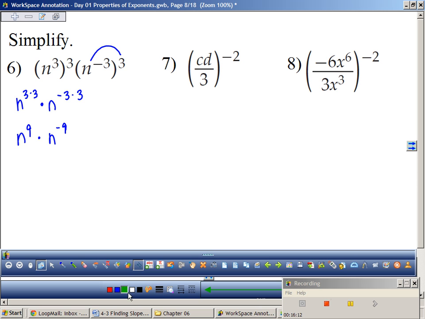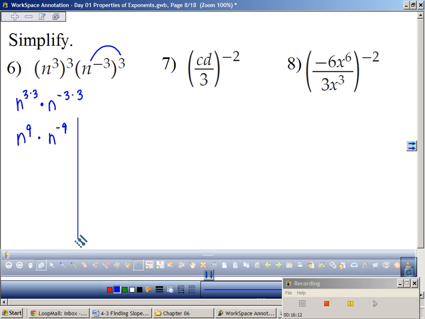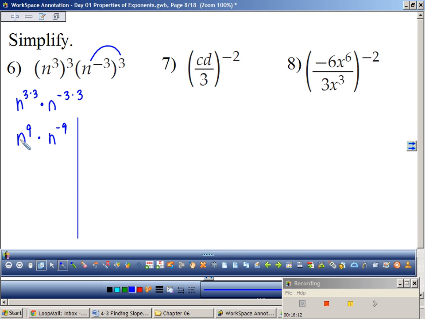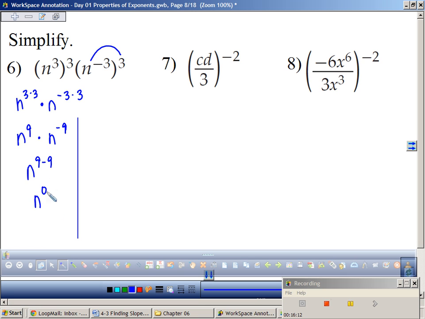But we're going to do it 2 different ways. You get it? So you can pick whichever way you like better. So if I'm saying n to the 9th times n to the -9th, I'm actually saying n to the 9 minus 9, which is n to the 0, which is 1. Correct?